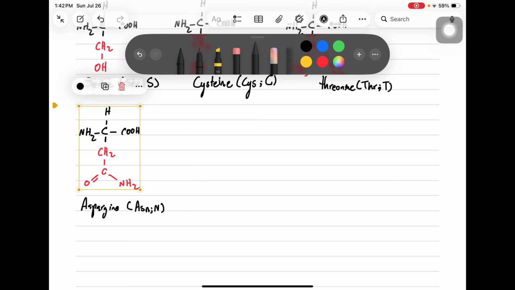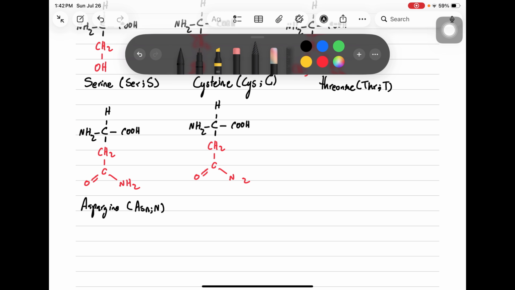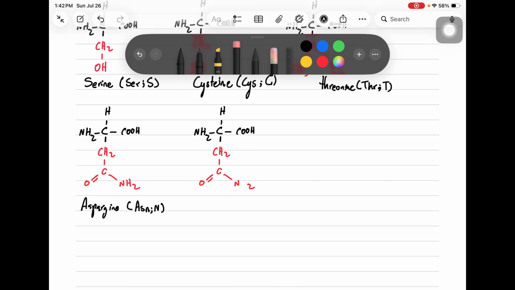Next, we're going to have glutamine. Same thing, almost, with an extra CH2 here. And these are called the polar uncharged amino acids. We have 5 of them.